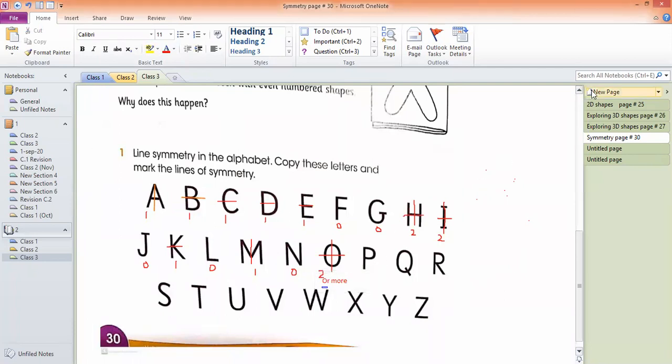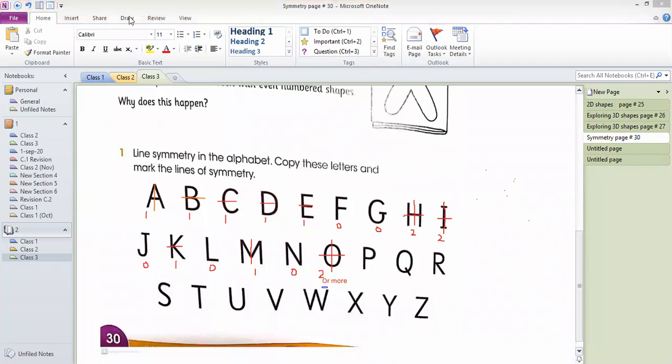Tell me about the P, guys. Does P have a line of symmetry? Answer me in the chat box about P. How many symmetries does P have? Very good.